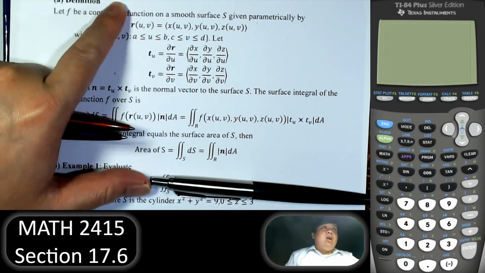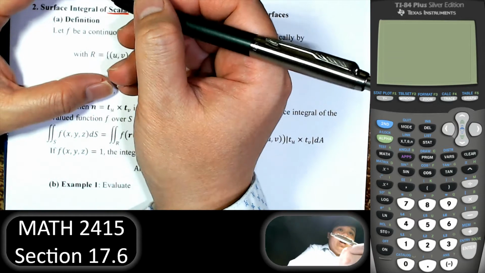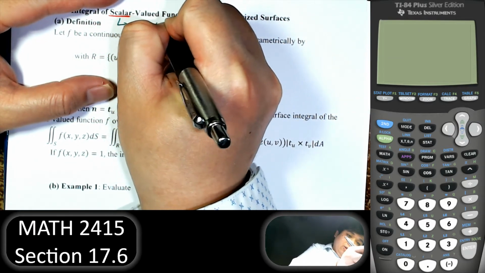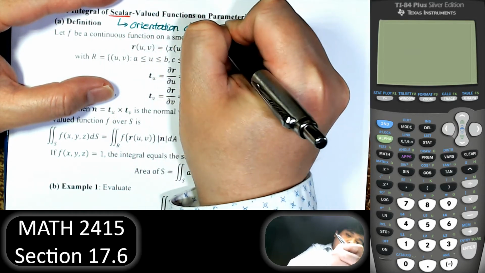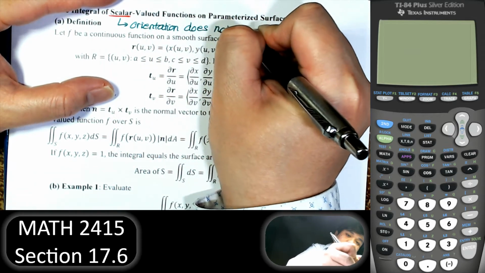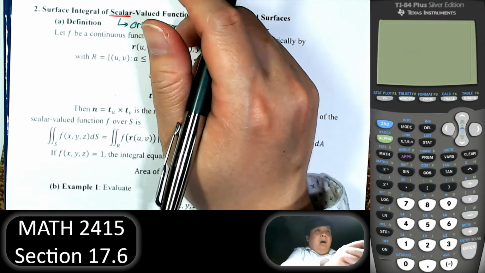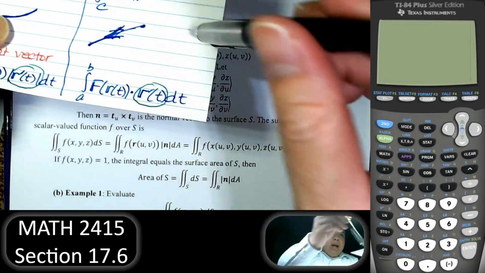And this one we talk about is the scalar version, meaning direction or orientation doesn't matter. Because typically when we talk about a plane, there will be two normal vectors, one pointing up and one pointing down.